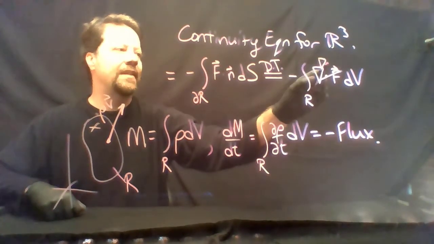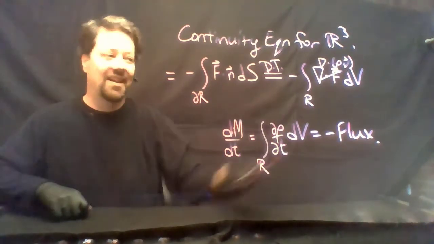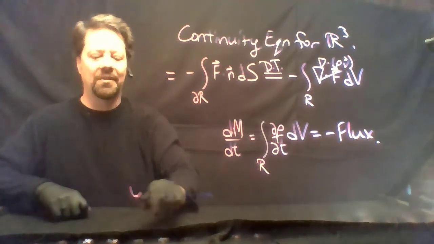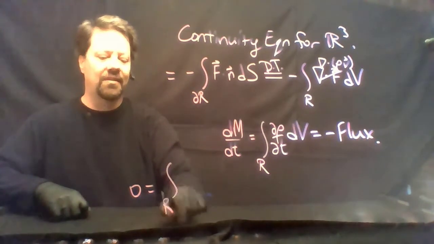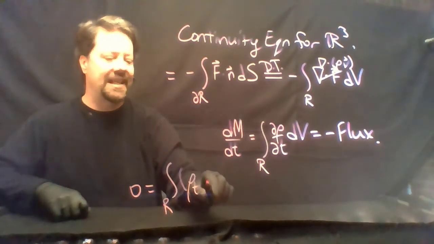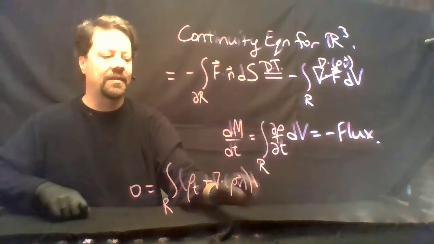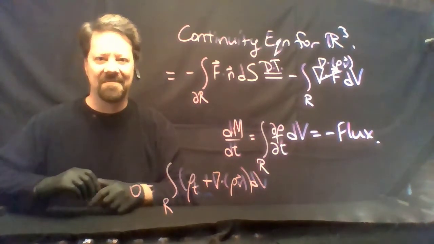So we'll have the divergence of rho v here. Combining these two integrals, we'll have 0 is the integral on r of the derivative of rho with respect to t plus the divergence of rho v all times the volume element dv.